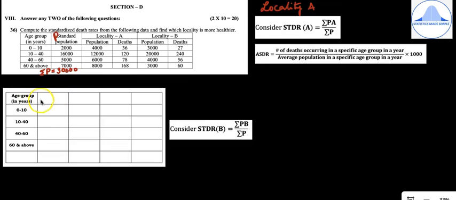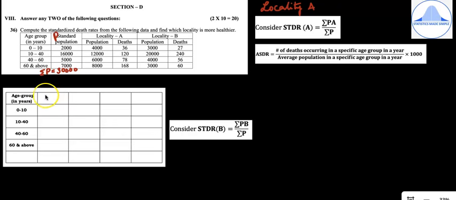Now let us do the calculation for the ASDR values for both the localities A and B. The ASDR formula is the deaths divided by the population into 1000.